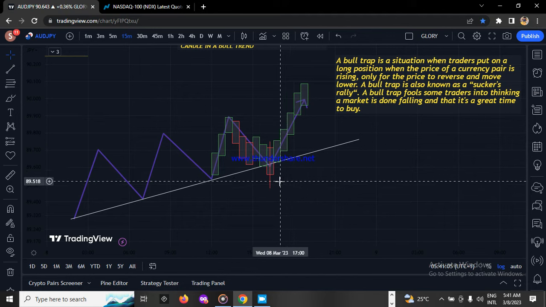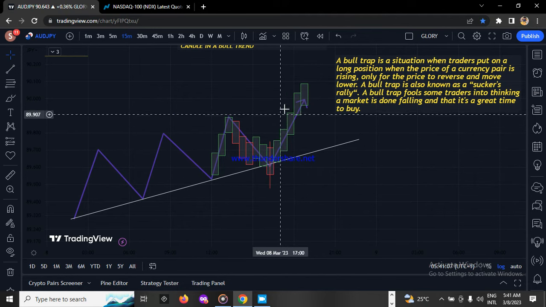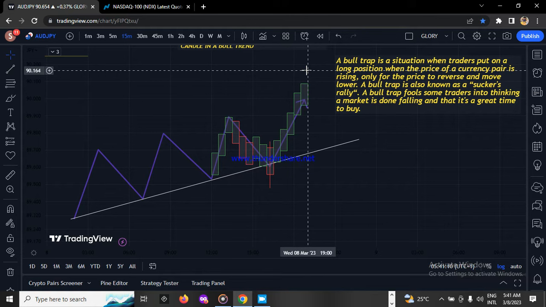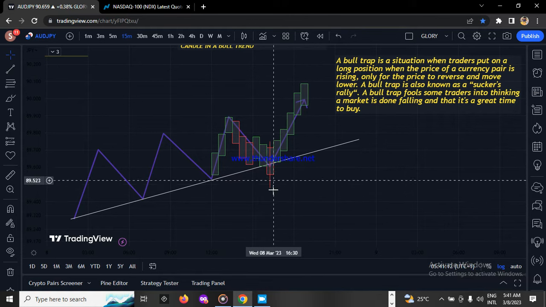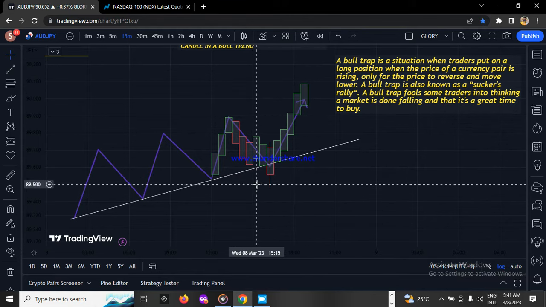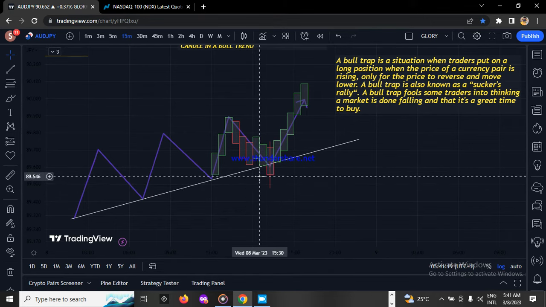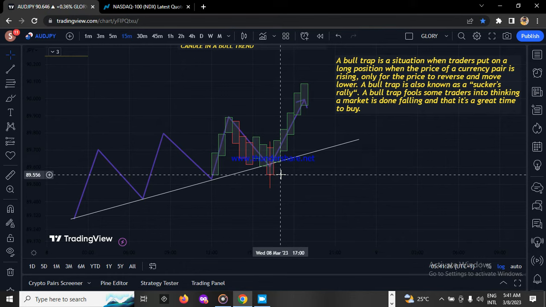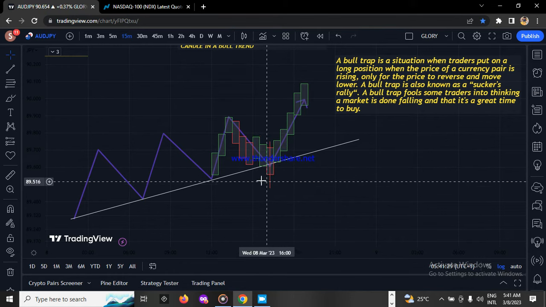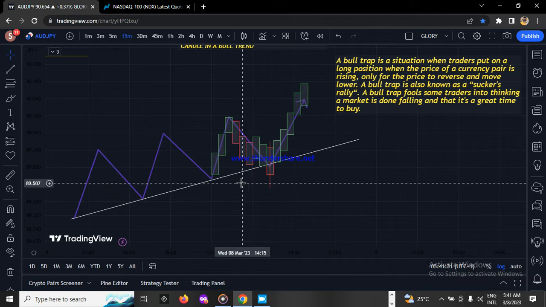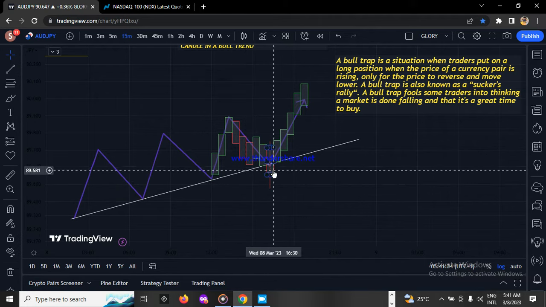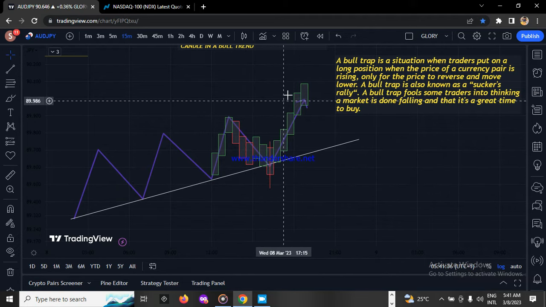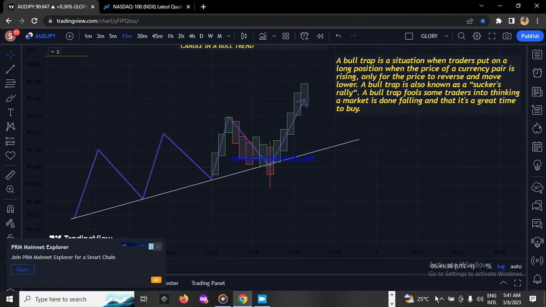All of a sudden it reversed up and started moving upward again. So at this point, it has trapped the bears who shorted immediately after seeing this candle, because they were thinking that the market is about to start selling. So they were trapped immediately and the market started moving upward again.